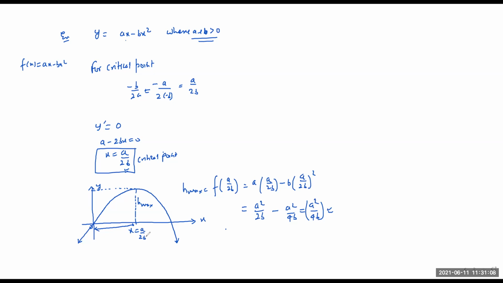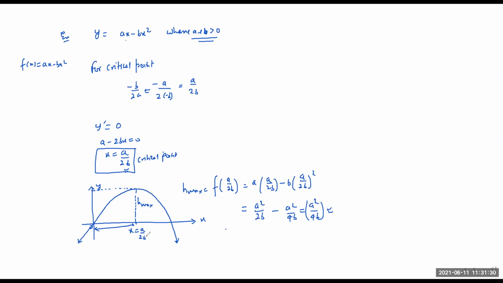Because here the coefficient of x square is negative, it's a downward parabola. And if you substitute x equals to 0, it will give you y equals to 0, which means the graph will pass through origin.